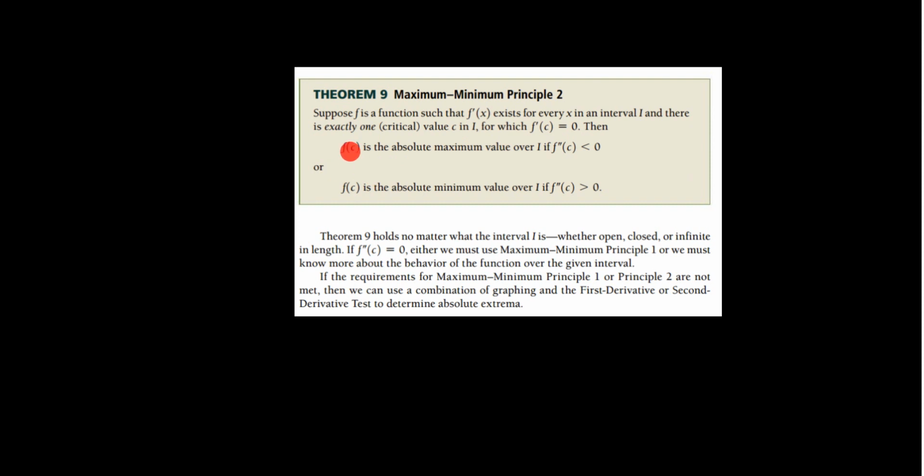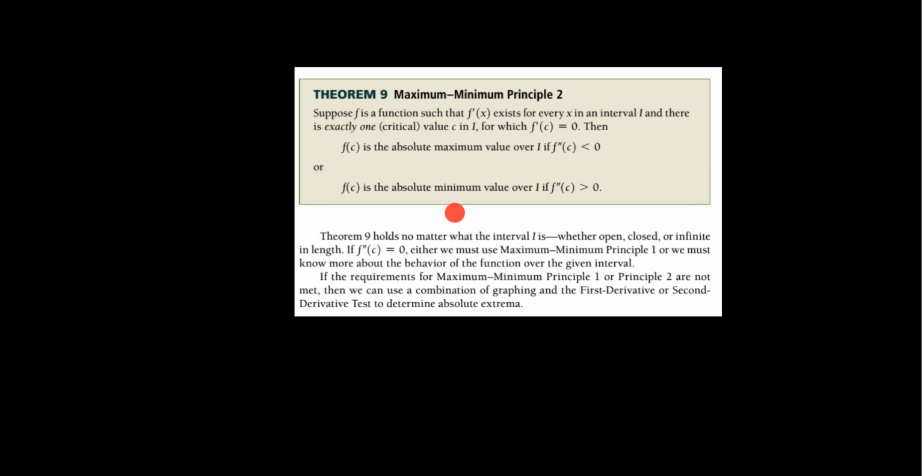Then f of that critical point is going to be the absolute maximum value over our interval I if the second derivative at that critical point is less than 0. Remember, if the second derivative is less than 0, we have a maximum. If the second derivative is greater than 0, we have a minimum.